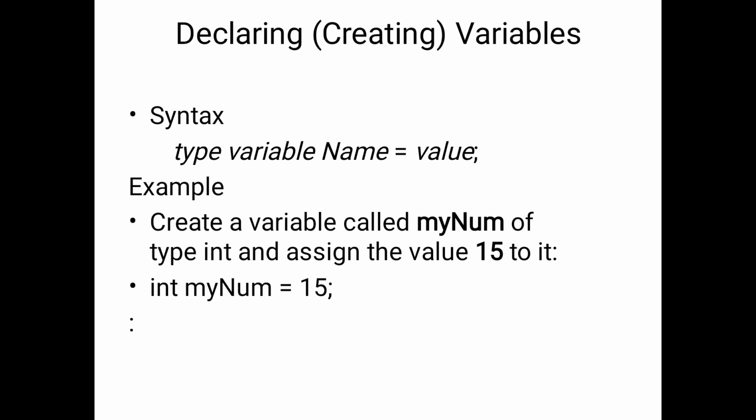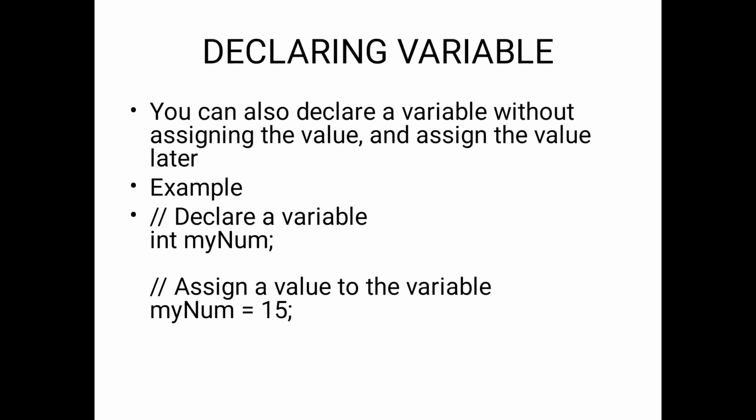So int my number is equal to 15. Here type is integer, variable name is my number, and value is 15. So like this we are going to create or declare a variable.